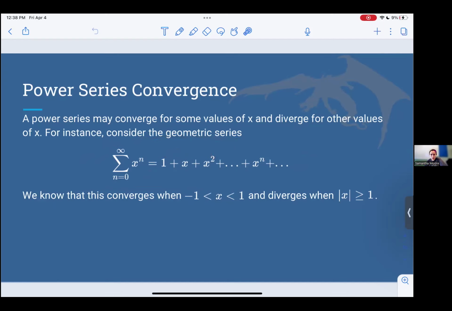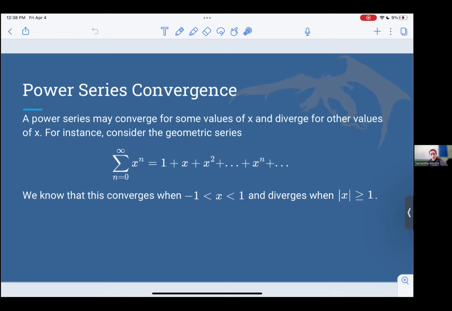So if x is 2, then we'd be multiplying each time by 2. In other words, our r value would be 2, and we know that this would diverge. But if x is 1/2, then each new term would be multiplied by 1/2. So r is 1/2, and we would know that this would converge.